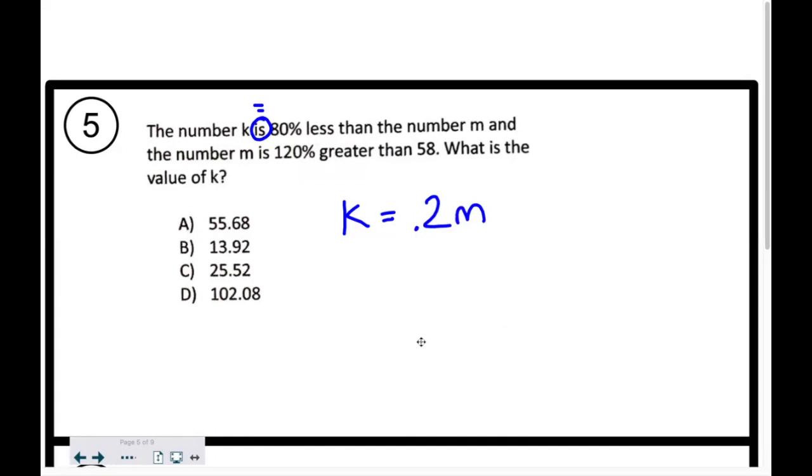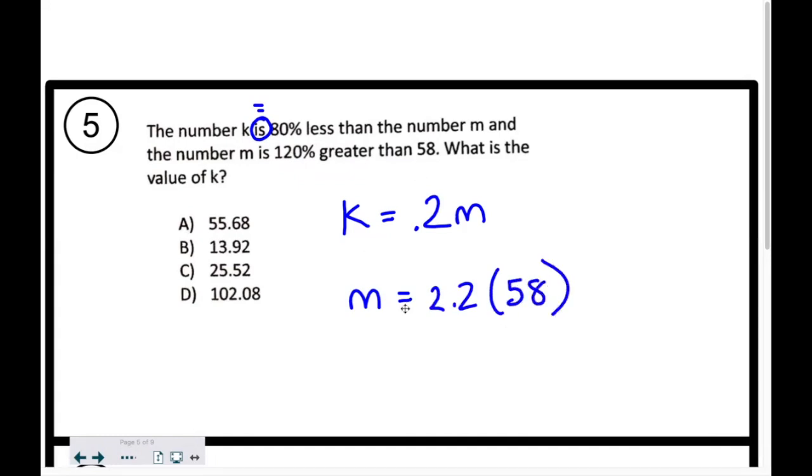Now, and the number m is 120% greater. We've kind of already did this number. 120% greater, again, greater is when you add 100%. That's 220% of, which is 2.2 times 58.